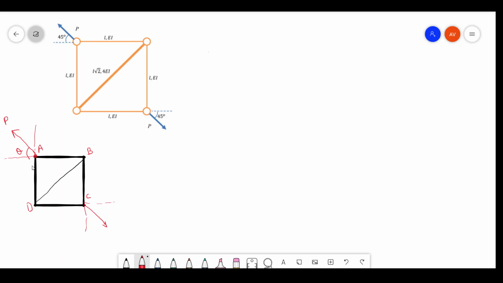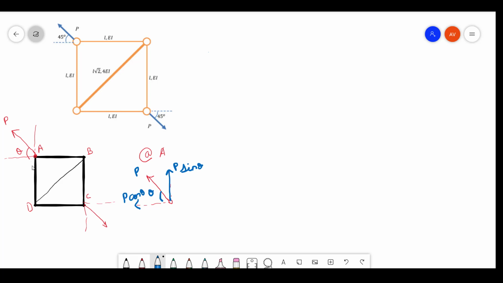You can see at point A, this is your point A, this is your force P. So you'll get P sine theta and P cos theta.